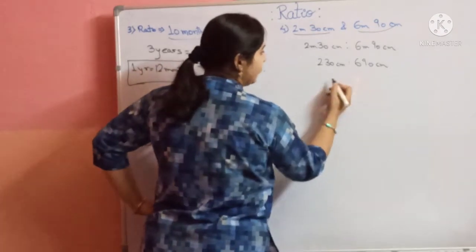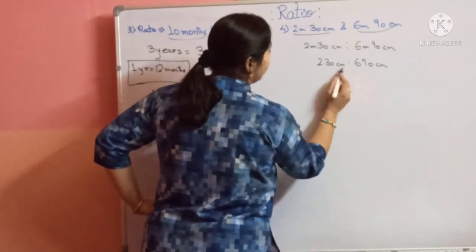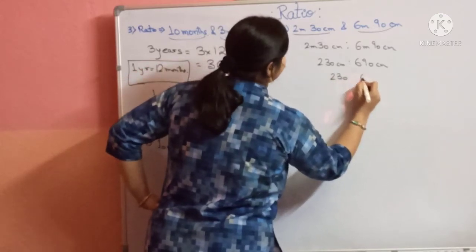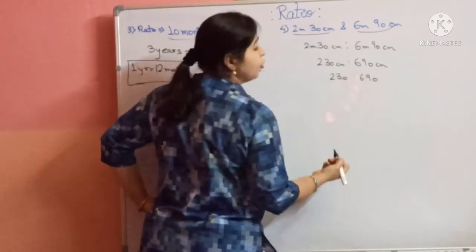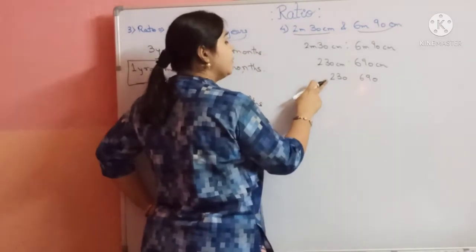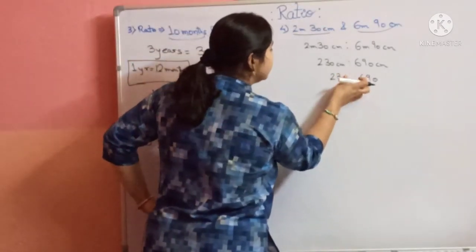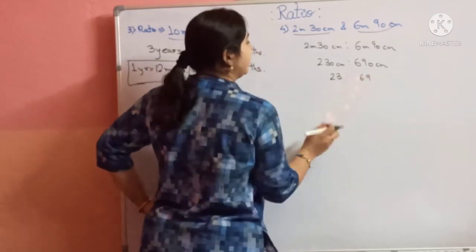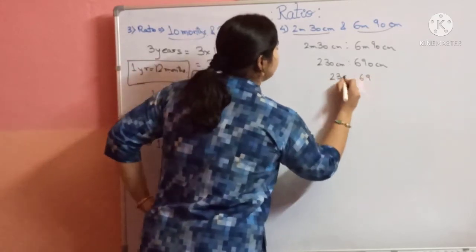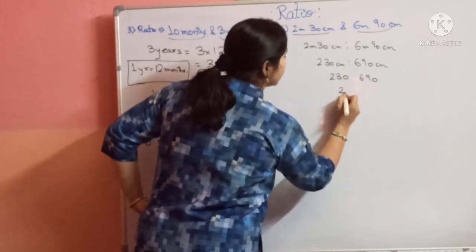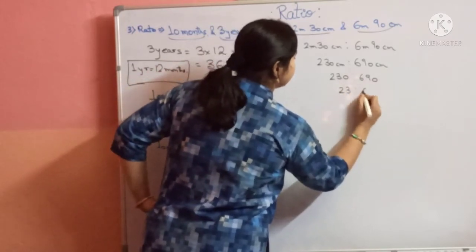Now in the next level, no more centimeters. So 230 is to 690. You can also lessen a step by just not writing the 0. You can omit it. Or those who have written it for the next level, they will write 23 is to 69.